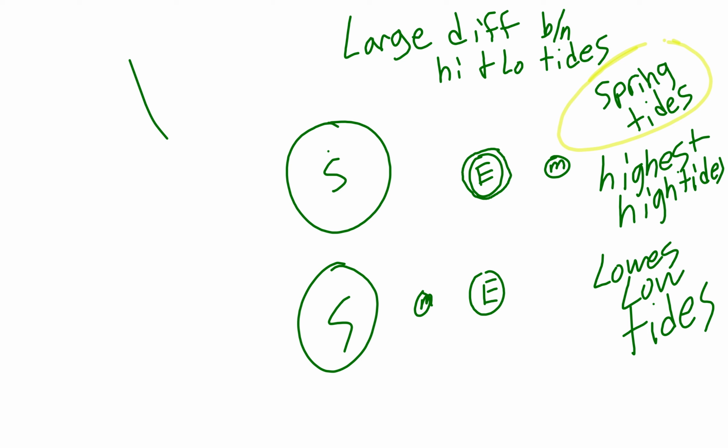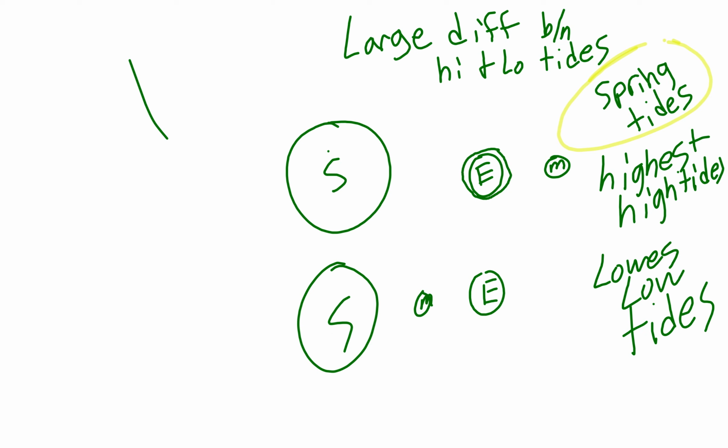Now, spring tides come about because the Earth, Moon, and Sun are lined up. Maybe the Earth is in the middle, maybe the Moon is in the middle. It doesn't matter. What happens is the oceans get stretched by the gravitational pull of the Sun and the Moon, and they create a bulge where they line up.